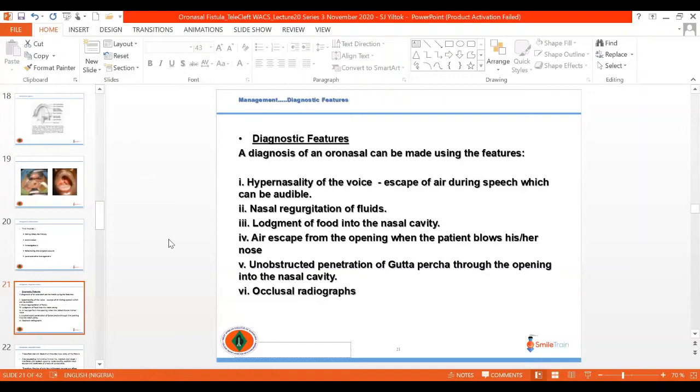There is sometimes nasal regurgitation of fluid, lodgement of food particles in the nasal cavity, air escape from the opening when the patient blows his or her nose, and unobstructed penetration of gutta percha paste through the opening into the nasal cavity. And if one does an occlusal radiograph, you'll be able to demonstrate such defects.